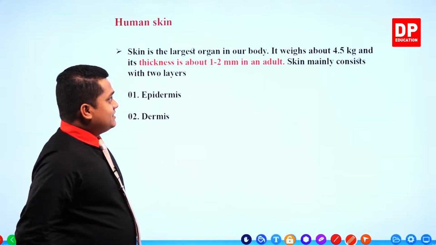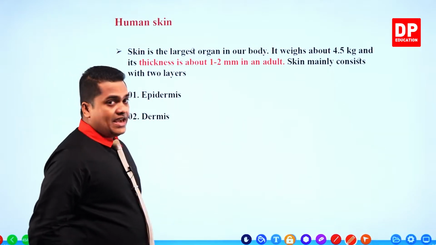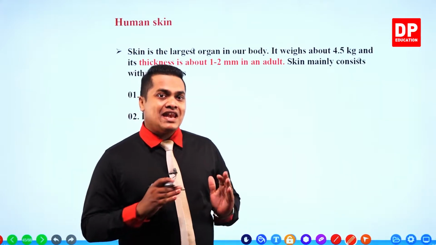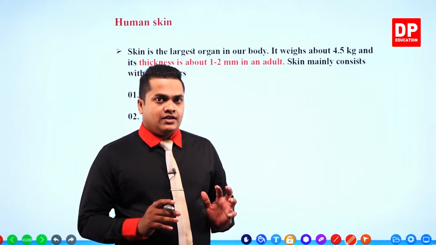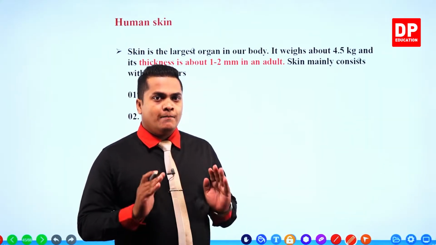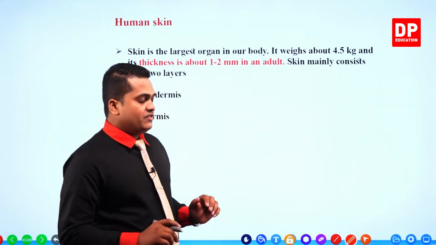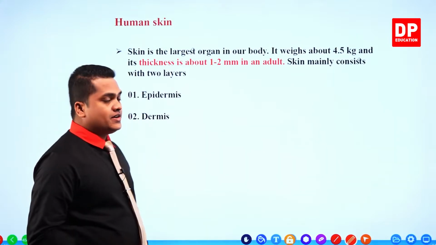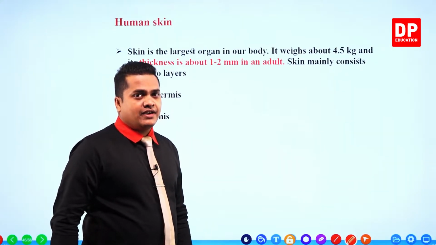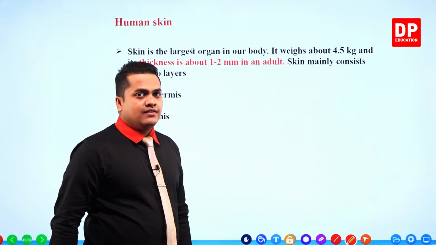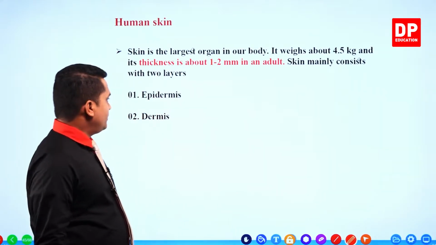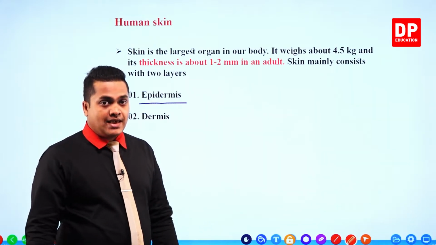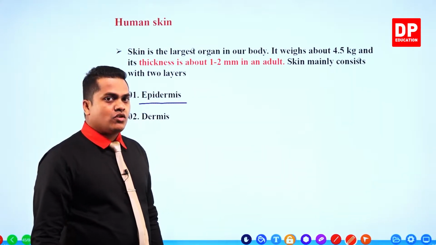Skin mainly consists of two layers. In our skin, there are two main layers. The first and foremost layer that we can identify is the epidermis, the topmost layer.